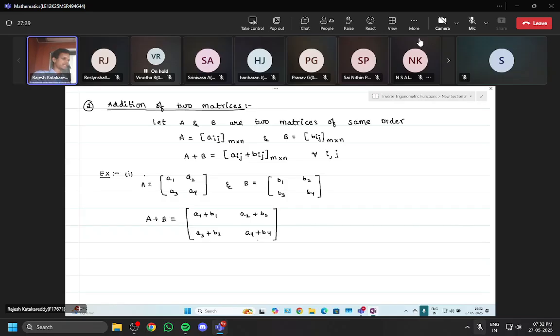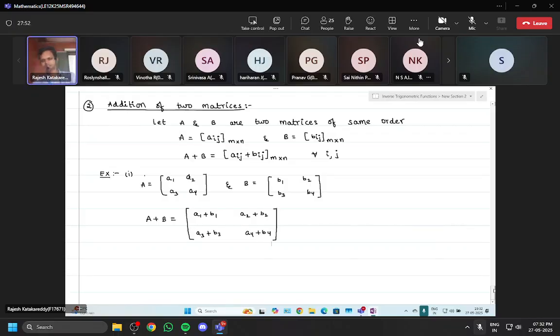Addition and multiplication are binary operations on the set of natural numbers, whole numbers, integers, and real numbers, everything. Clear? Matrix addition is also a binary operation, is what I am saying. So next, the properties we will see.